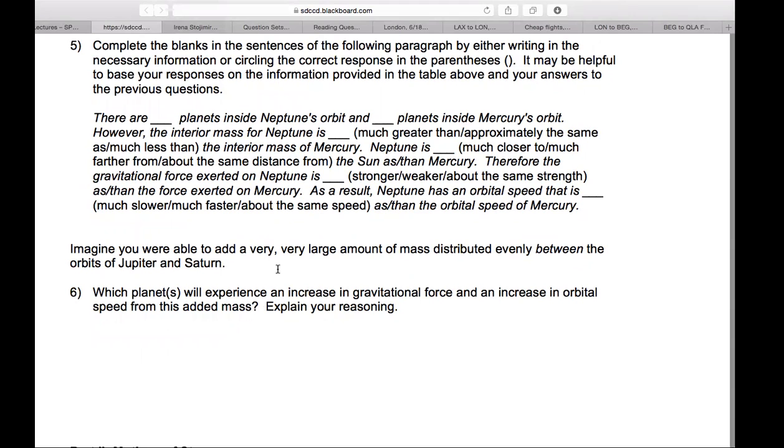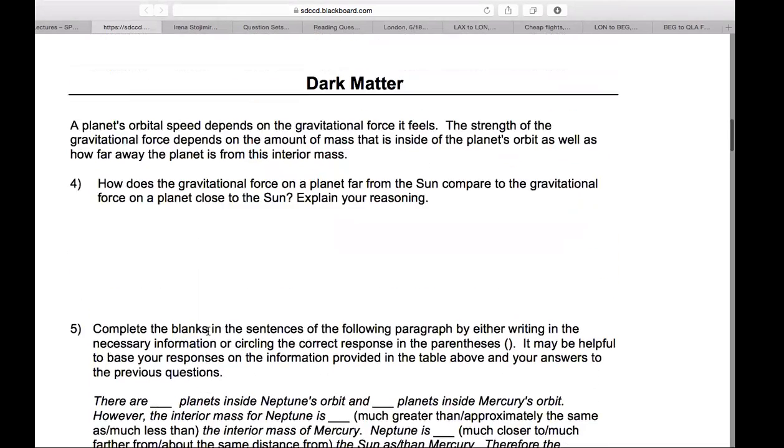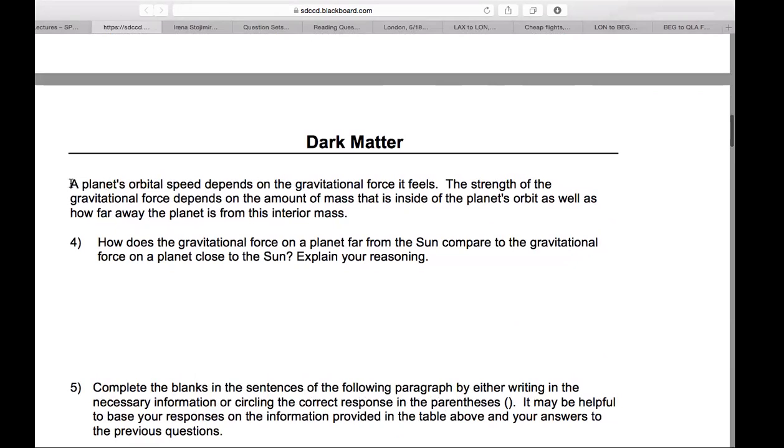So you say Jupiter, how about Saturn? Well, I had Jupiter. Okay, but now go back to the beginning of the page and read this paragraph and just tell me if you change your mind. So you're saying now that Jupiter will move faster if you add this mass between Jupiter and Saturn. Now read this paragraph and just see. Jupiter. Yeah.